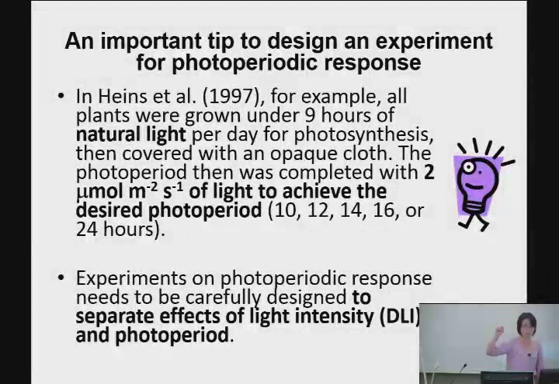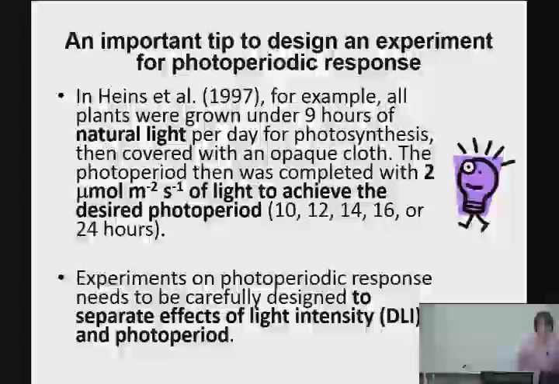Okay, here's the exercise, if you remember. Micromoles per square meter per second is a PPF, all right? That's an instantaneous light intensity, okay? 2 micromoles per square meter per second. If that light intensity continues for 1 hour, what is the total amount of light per hour?